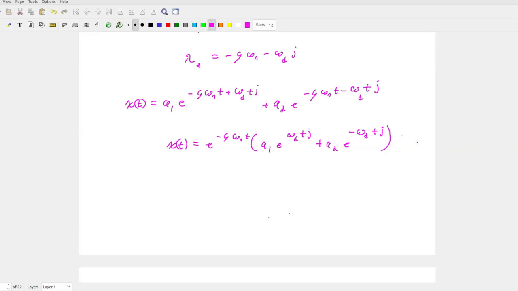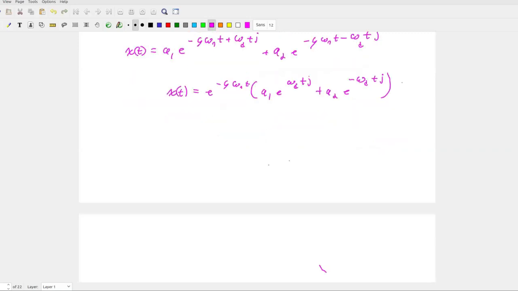If we think back to Euler's equation, we can choose that capital A1 is equal to (A1 minus A2) j, and capital A2 is equal to A1 plus A2.